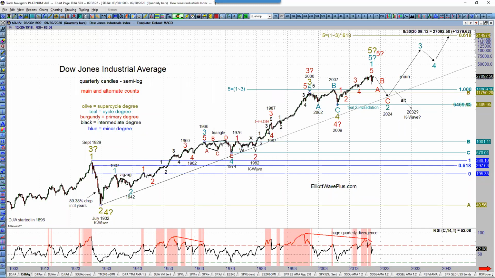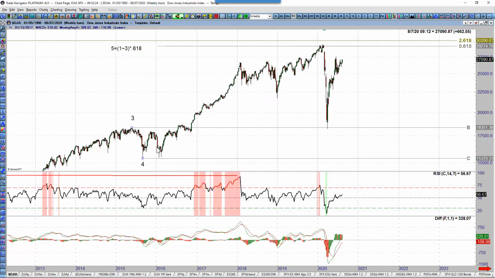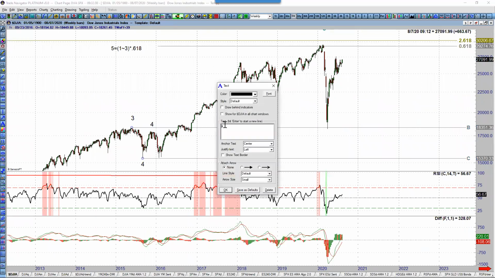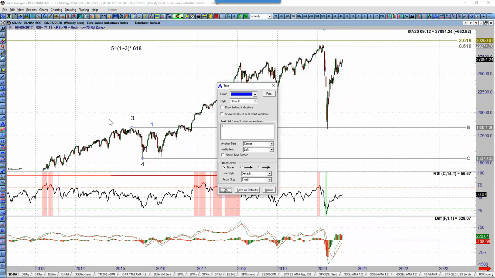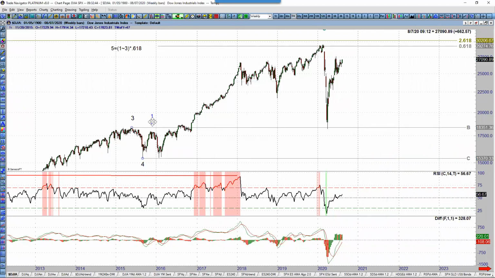So we'll go back here. We're going to look for 5 waves up from that low with internal Fibonacci relationships that support the case. I use the blue for minor, and there's blue wave 1, blue wave 2.